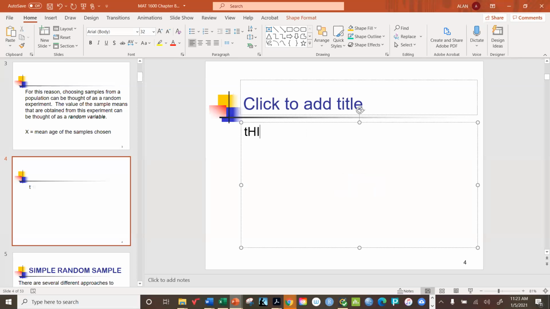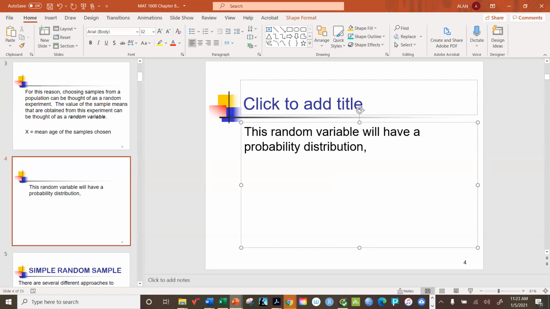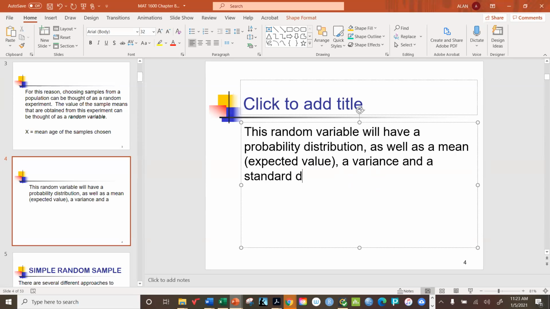This random variable will therefore have a probability distribution, as well as a mean or expected value, a variance, and a standard deviation.